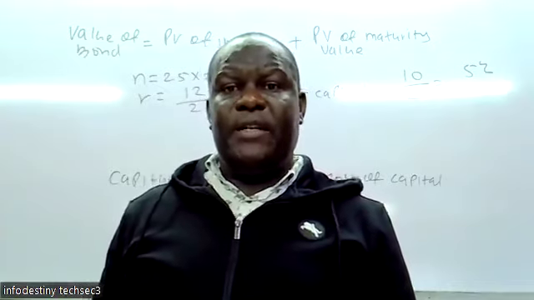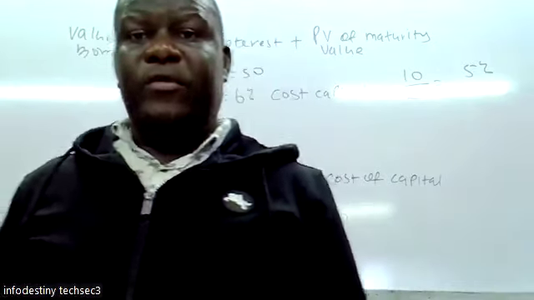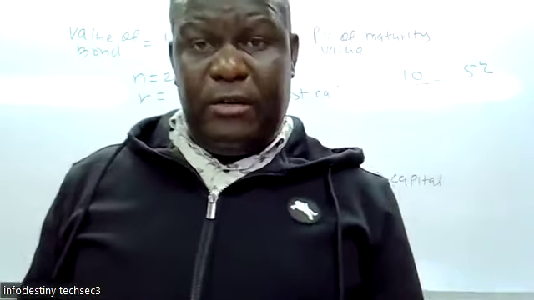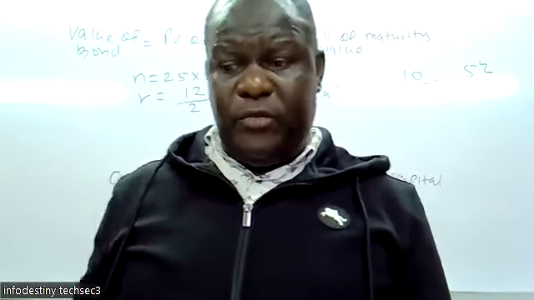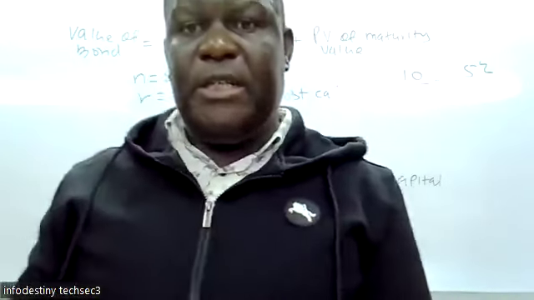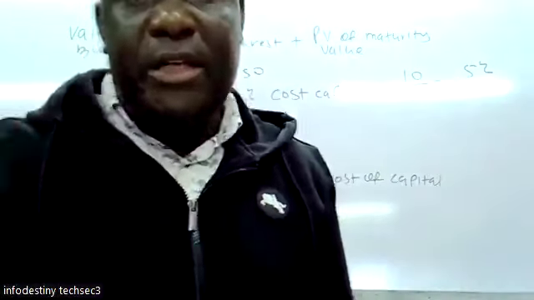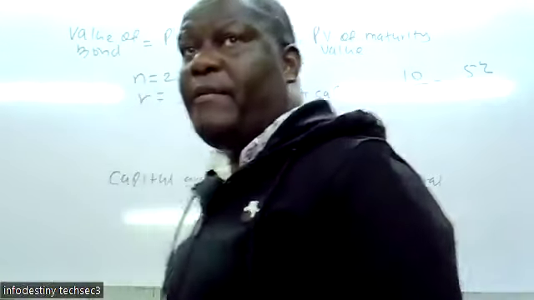So we start off with the Roman letter 1, yield to maturity of the bond. We now compute the yield to maturity of the bond.